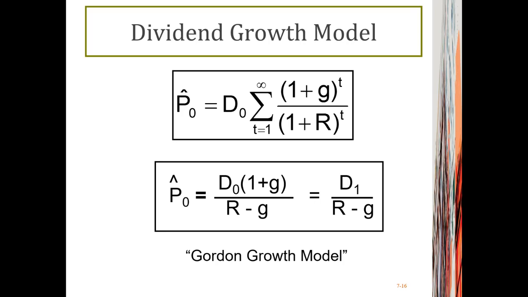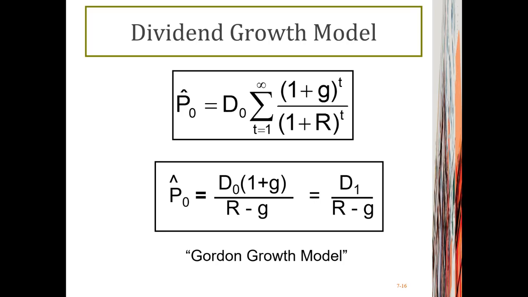So you would say, hey, this calculation doesn't help us because we need to add up an infinite number of items to get a stock price estimation, even when the growth rate is a constant number.